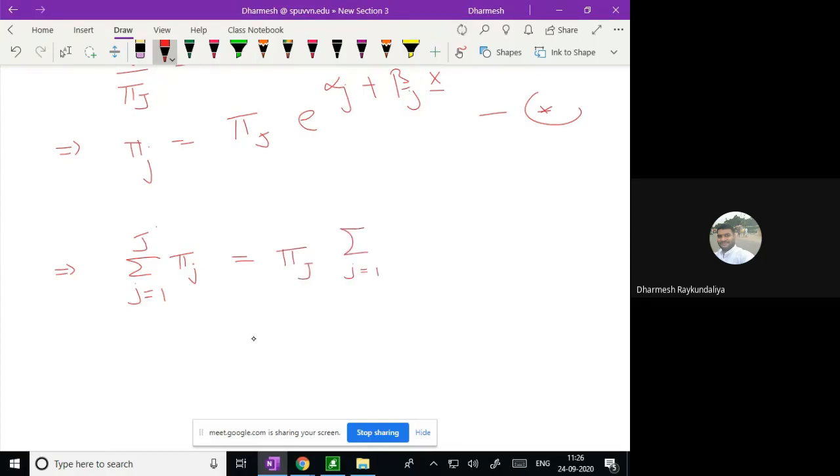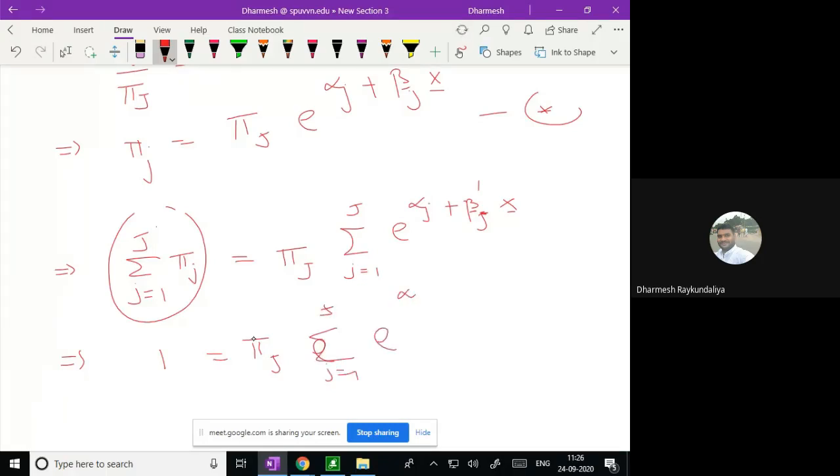So it is the summation j equal to 1 to capital J e raised to alpha j plus beta j dash x. But what is this? As I told you, it is 1. So 1 equals capital pi J times the summation j equal to 1 to capital J e raised to alpha j plus beta j dash x.